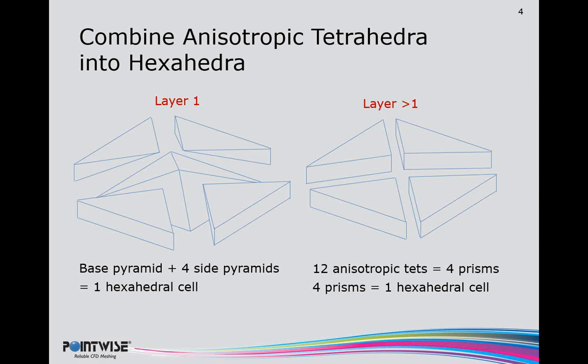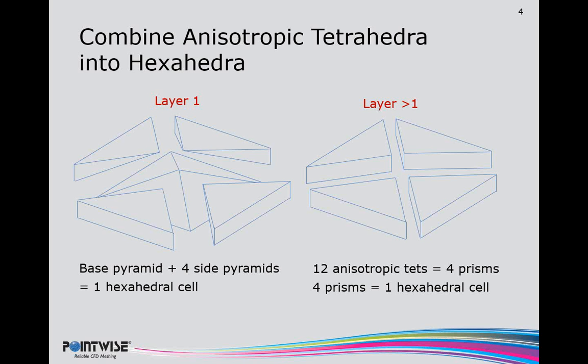These 5 pyramids effectively form the first layer of T-Rex cells. These are also the 5 cells that will be combined into a hexahedral cell when you export your mesh from Pointwise.